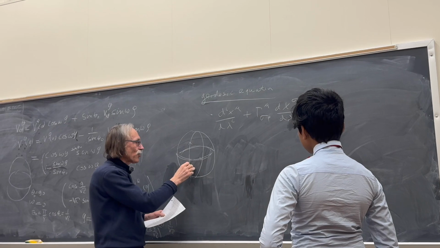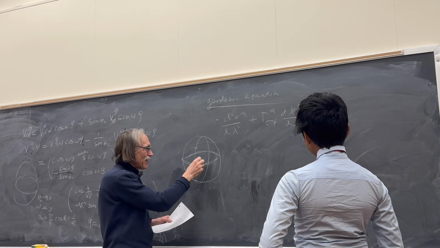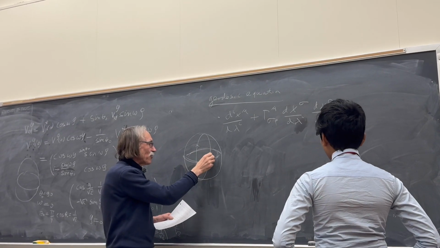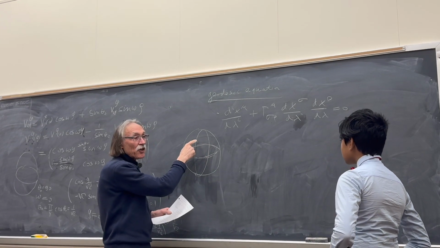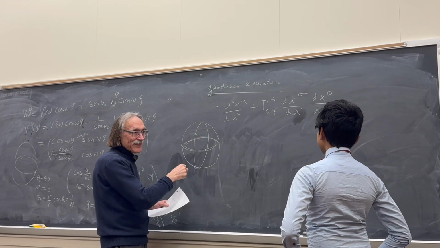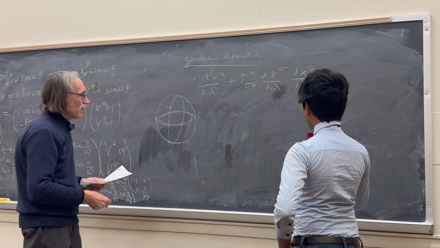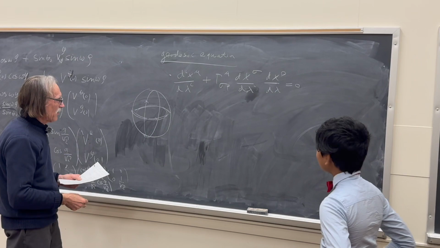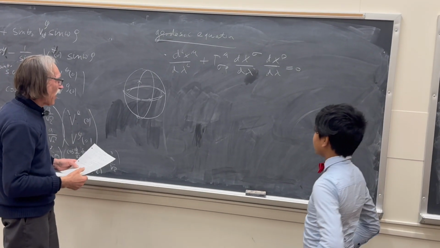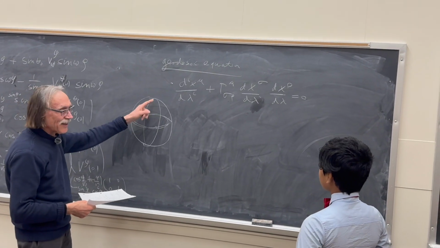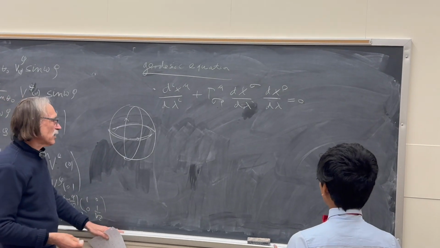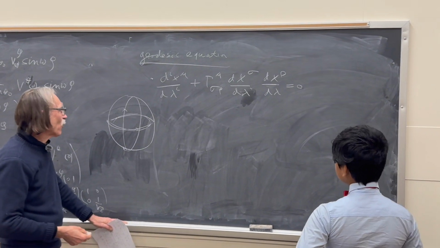In great circles, it depends on your coordinates. If you don't change your coordinates, this is actually complicated already. You can't change theta and phi to kind of rotate it, so you would have to change the coordinates.